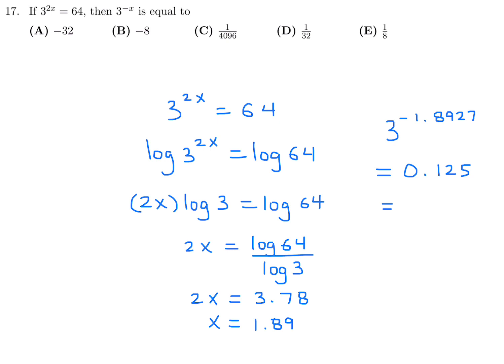And in fractional form, that's 1 over 8. And that's it. It's very simple with logs. You don't have to use logs, but I used it. It's just easier for me. And the other system, of course, is just to work with exponents. So number 17, the answer is 1 over 8, which is E.